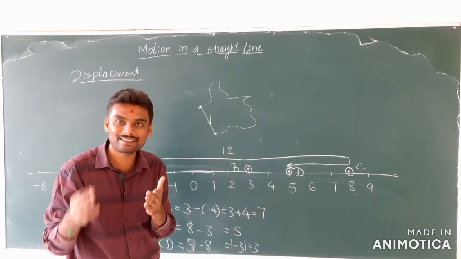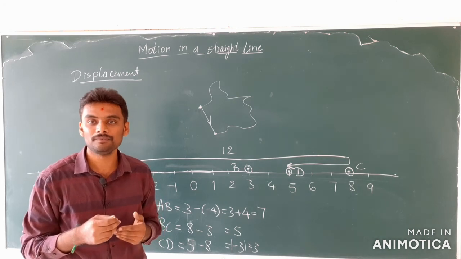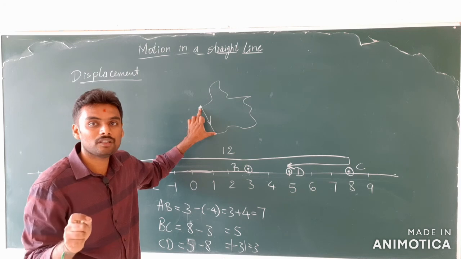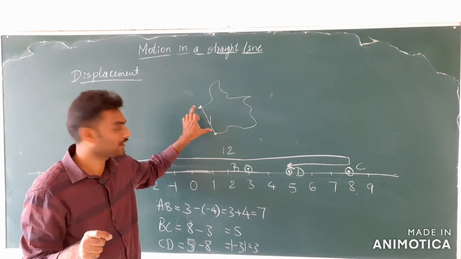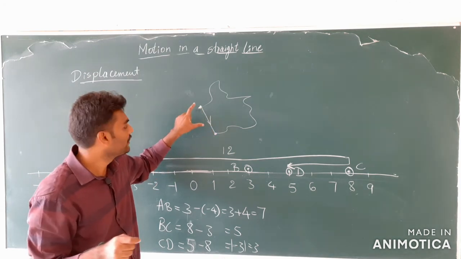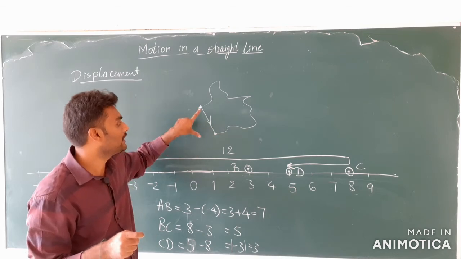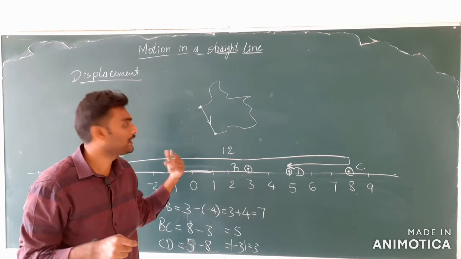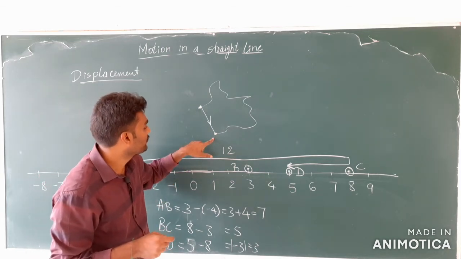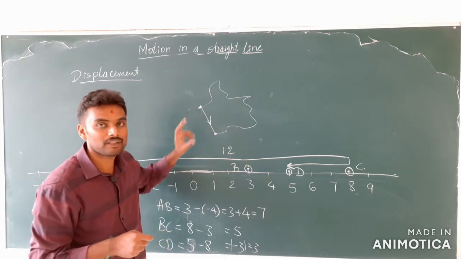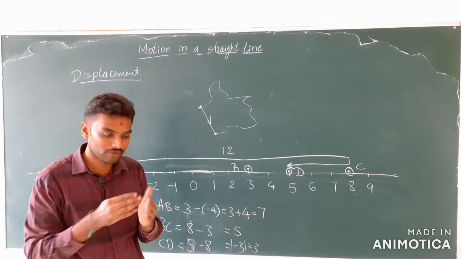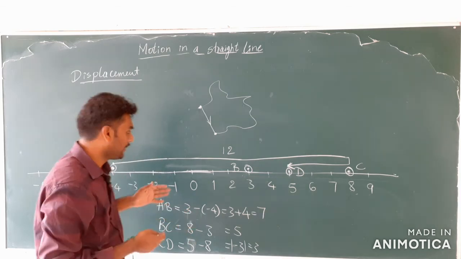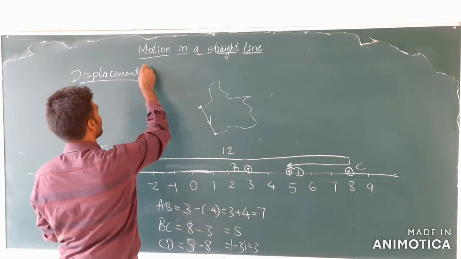So, for such observer, another factor is important, which is the shortest possible distance. Okay, shortest possible distance between final position and initial position of the entire motion. Okay, for the entire motion, the initial position and the final position are important for the person, and we'll only take the shortest distance. Okay, so now what is displacement?